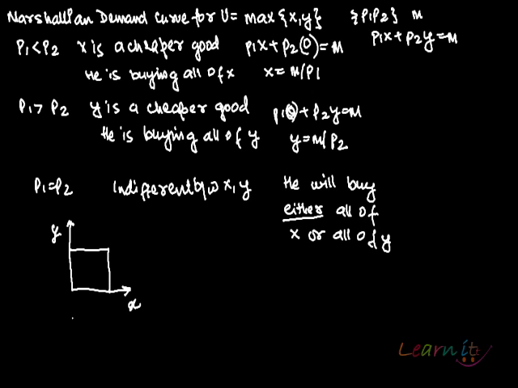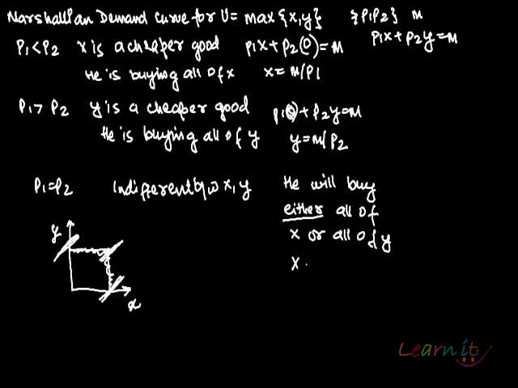If this is the indifference curve for the max, he will either buy all of x or he will buy all of y. He won't be consuming anything here. Because supposedly if he is at the kink, he will definitely consume only one commodity. In case of max, he can't consume both. The commodity which he is not consuming is a societal waste, and that is not being allowed. So he will consume either all of x or all of y.